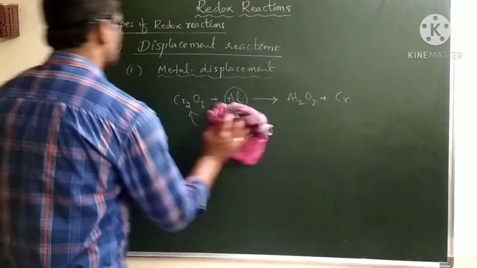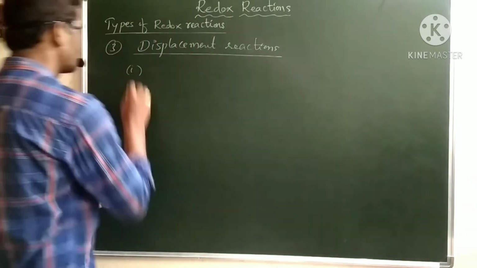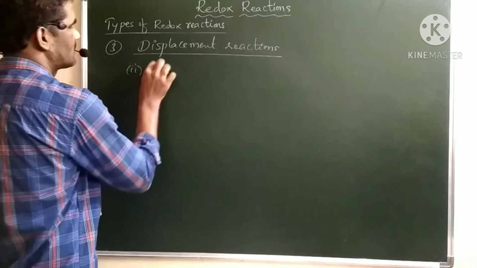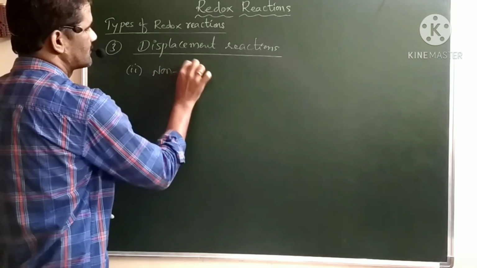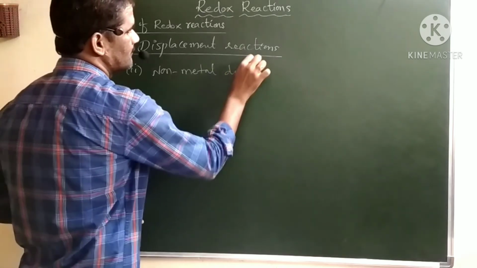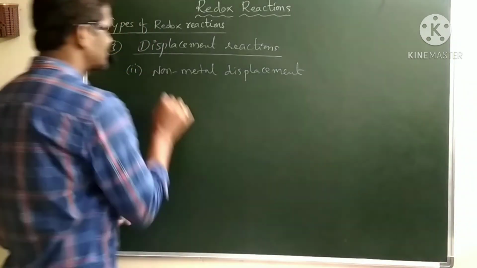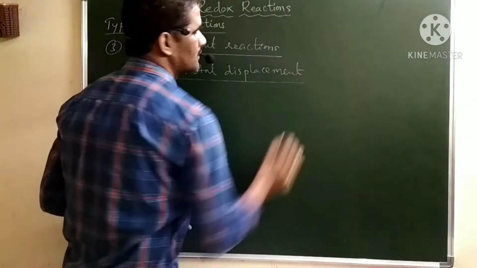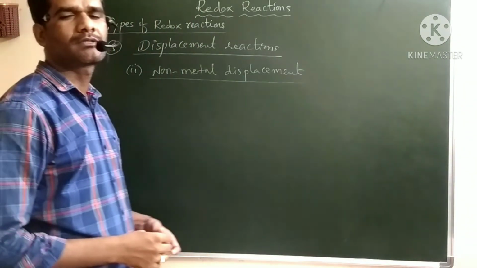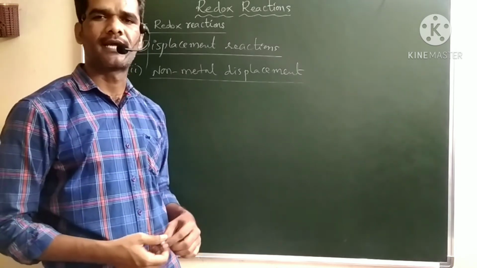Next, non-metal displacement reaction. The second type here is non-metal displacement. If a non-metal displaces the non-metal from its compounds, then we can call that type of reaction a non-metal displacement reaction.